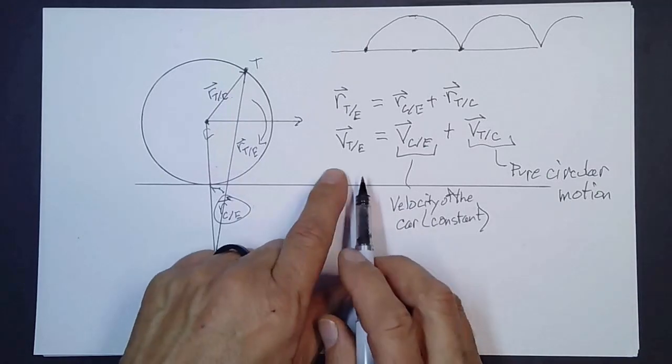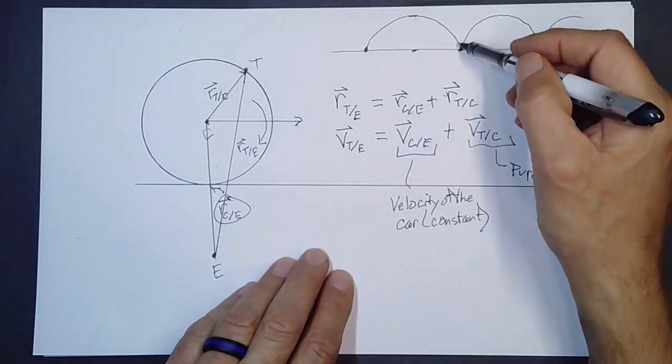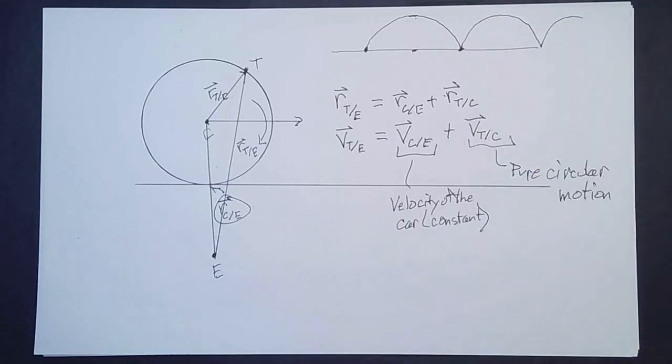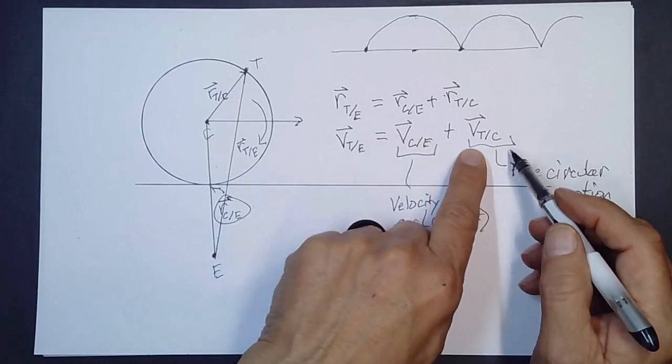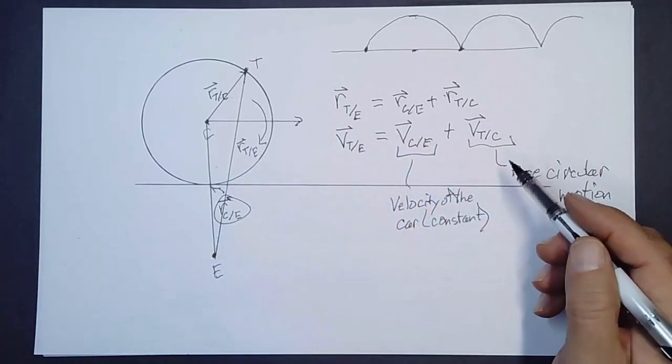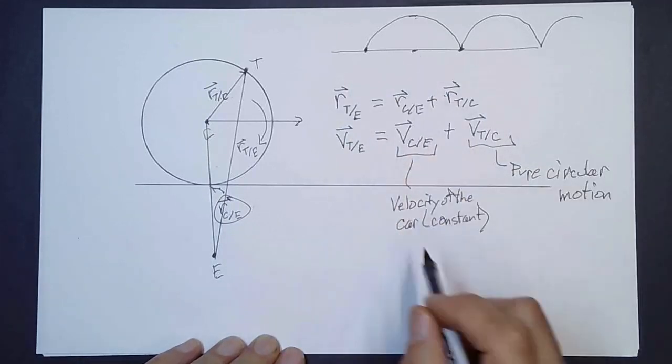Now the sum of those two is what gives rise to this crazy motion when we actually graph the position as a function of time. We add this constant vector to this crazy vector that's pointing in different directions all the time, and then analyze it at every given time, and we get strange motion.